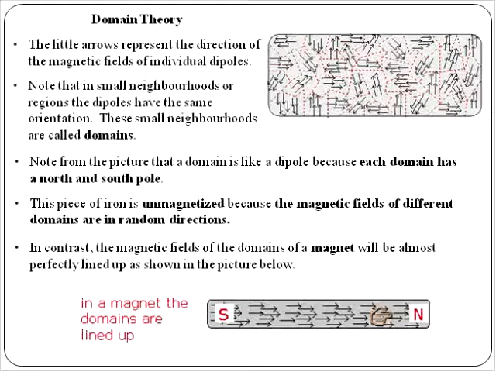And eventually it's strong enough that we can call it a magnet. So the domain theory helps us explain what makes a magnet. But it also helps explain a couple of other things, like why sometimes a magnet can become demagnetized, or why you should store magnets in a certain way, and things like that.